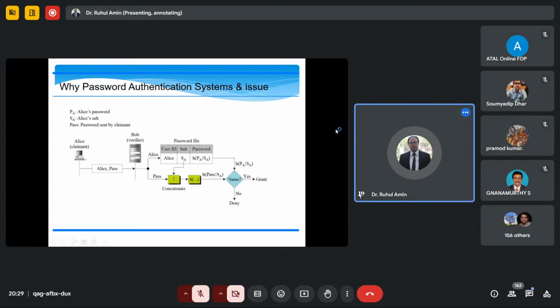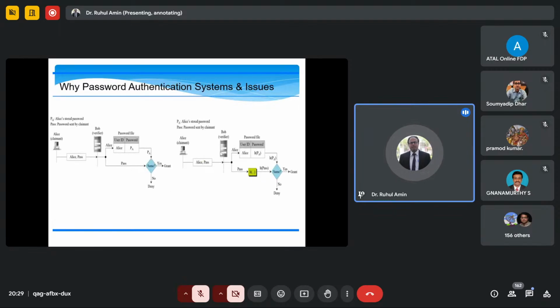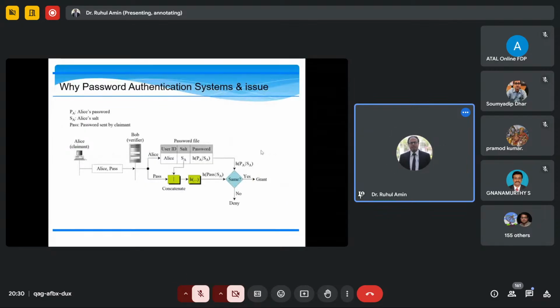So just to provide a little bit higher level of security, we are using another piece of information. That means you have to guess two things at a time, which is a little bit more difficult than the previous one. This is how the security level can be increased.